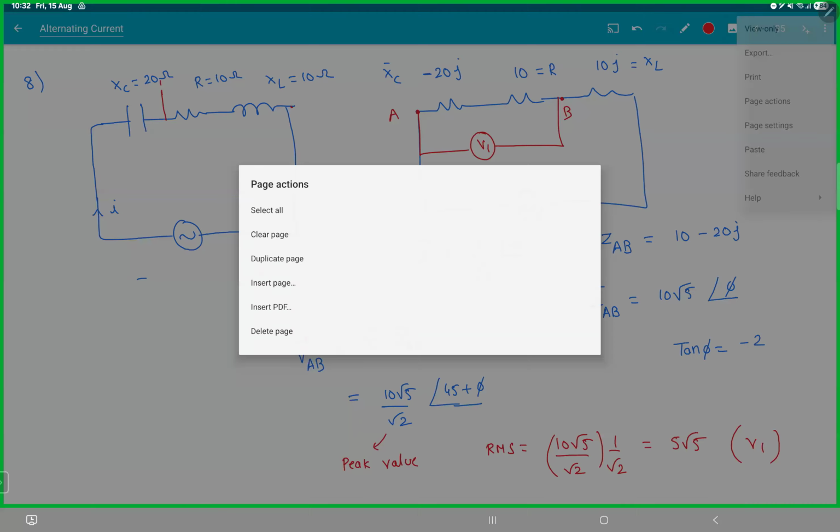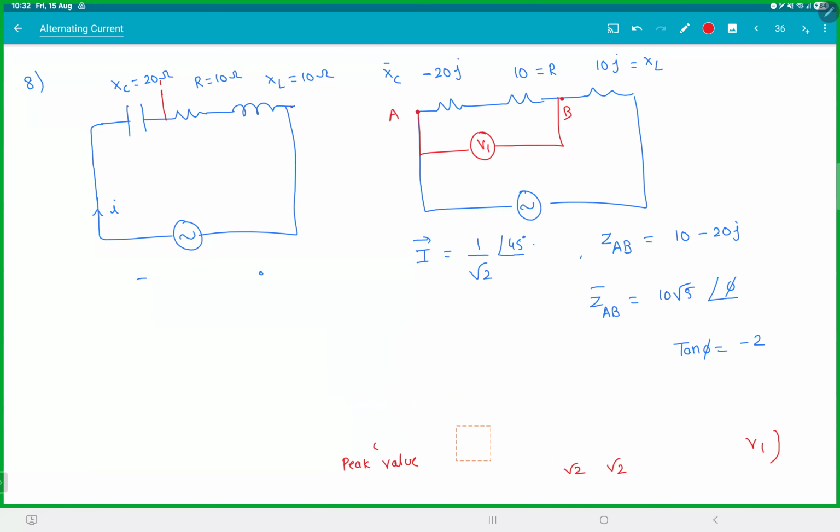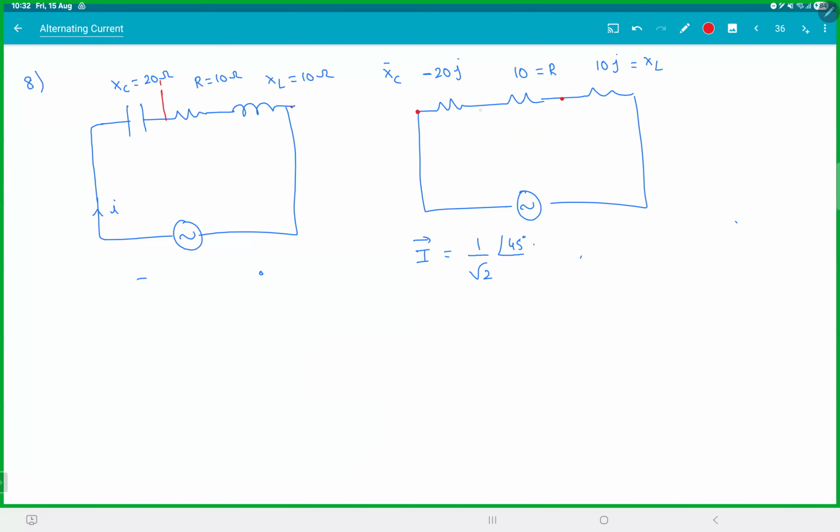Same thing I can do for the other guy. This time you want between this point, let's call it C and let's call it D. So this time you're finding between ZCD. This will be 10 plus 10J. This number looks good. So phasor angle will be 10 root 2, 45 degrees.